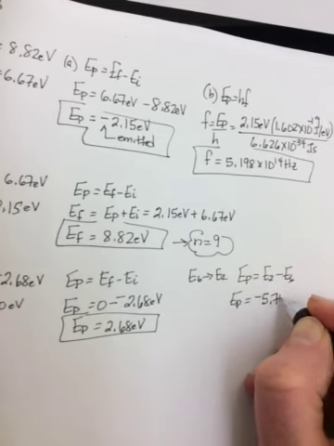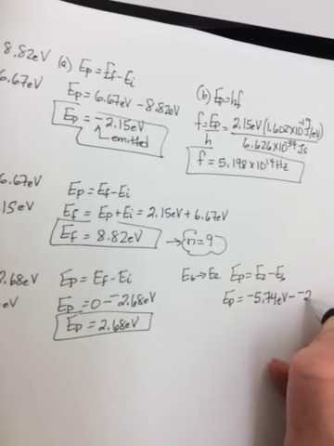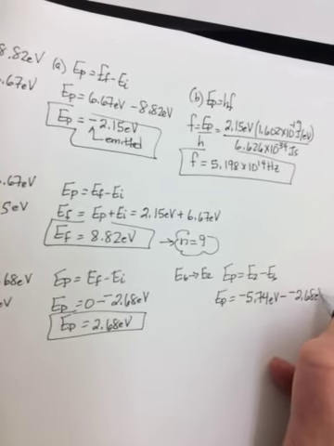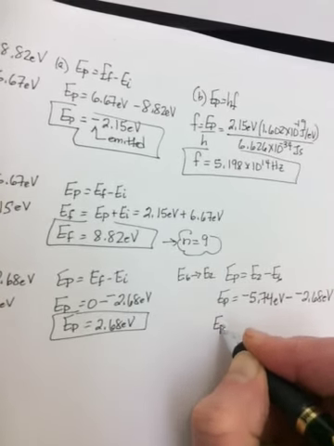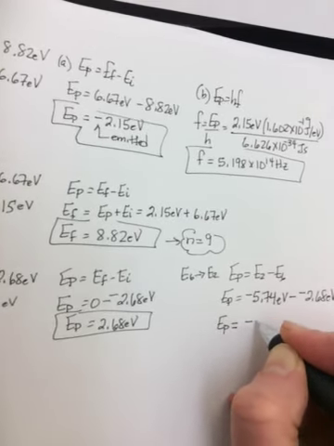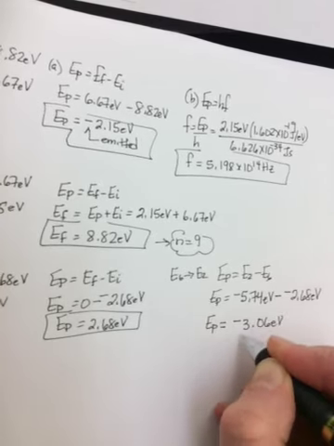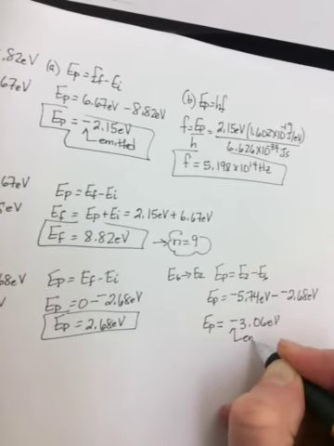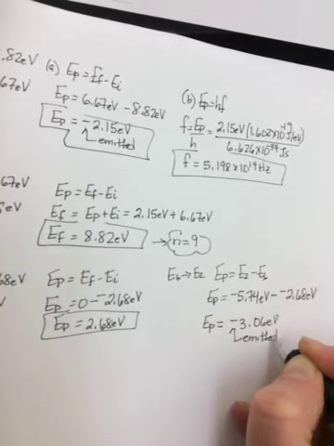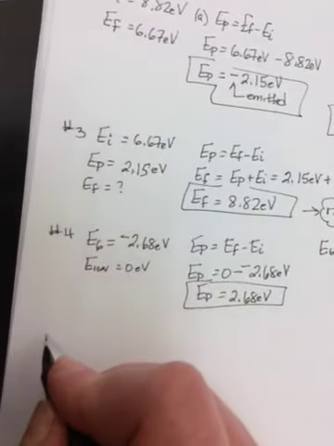So negative 5.74 electron volts minus a negative 2.68 electron volts, and you get the energy of the photon to be negative 3.06 electron volts, and of course the negative means the photon's being emitted. That is number 4.